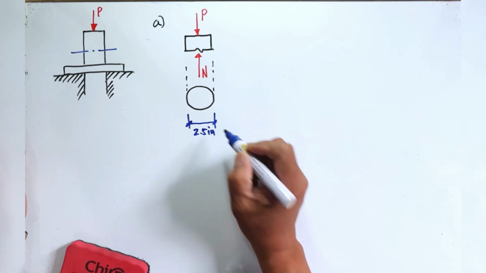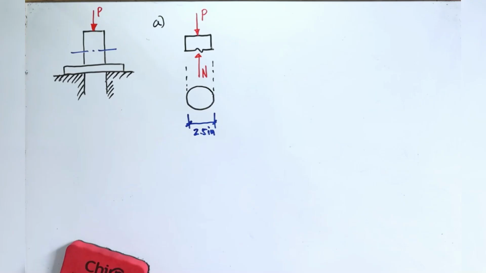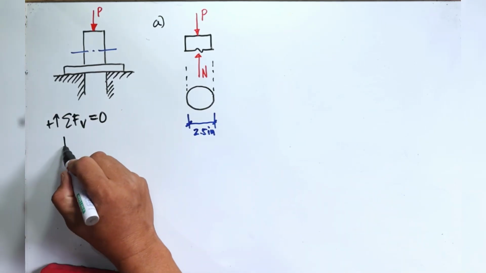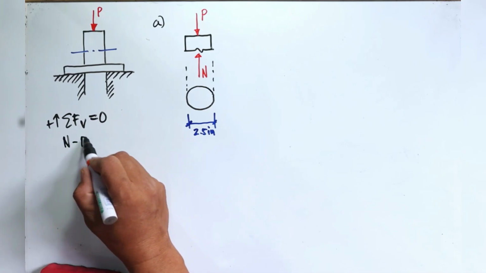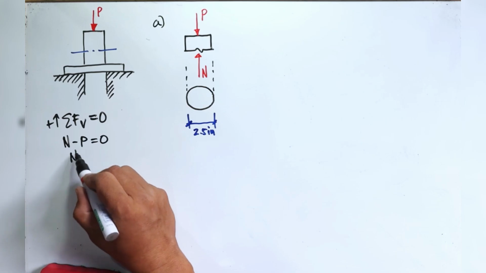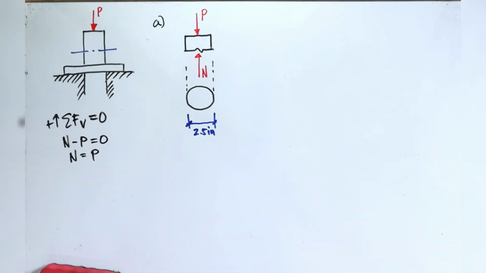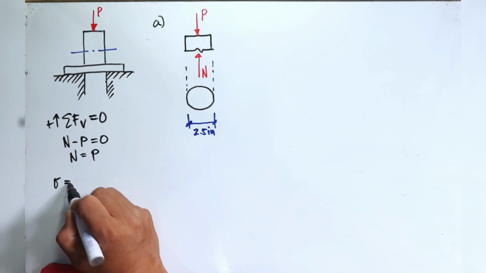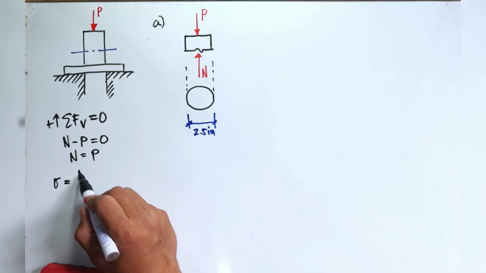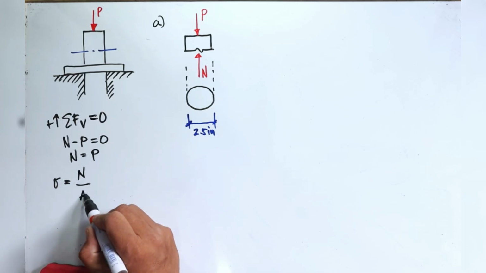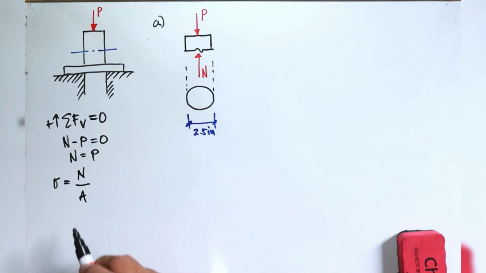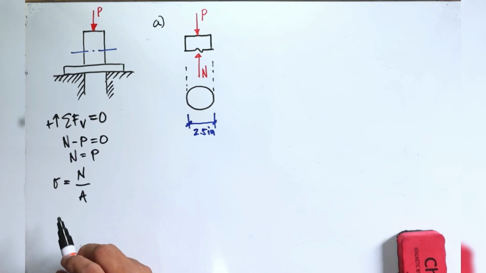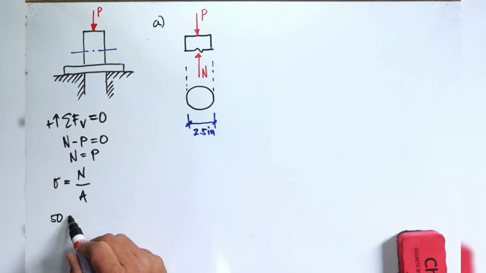2.5 inch. If we sum up forces vertical equals 0, we can see that our normal force is equal to P. And then from the compressive stress formula, stress equals N over the area, where N equals P. And the allowable compressive stress is 50 ksi.